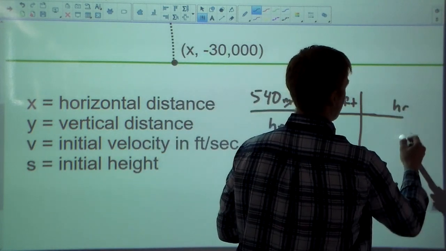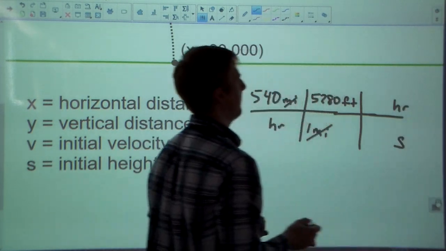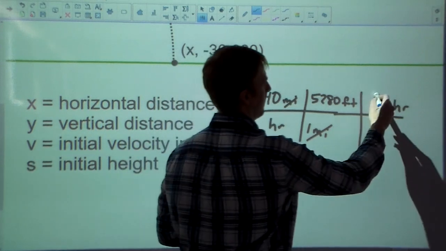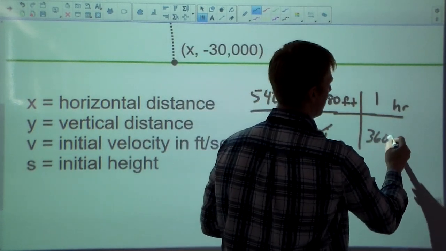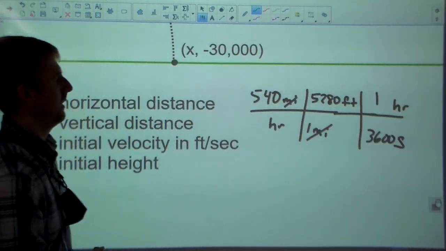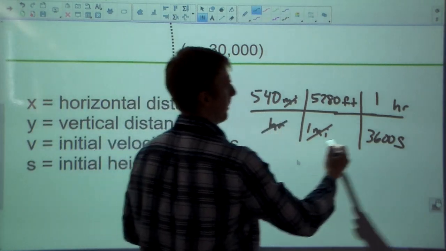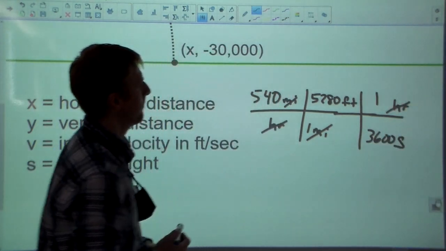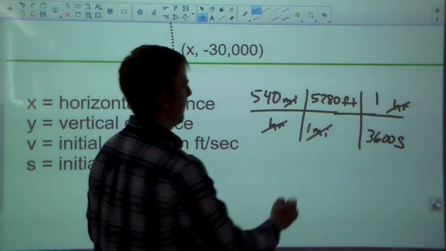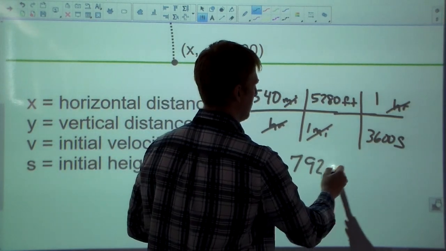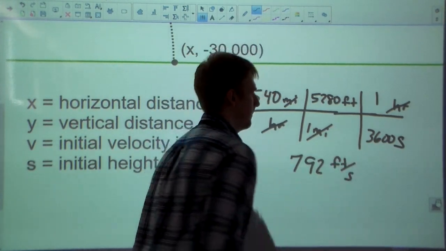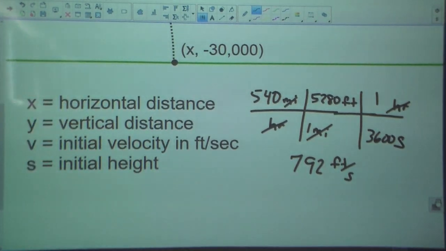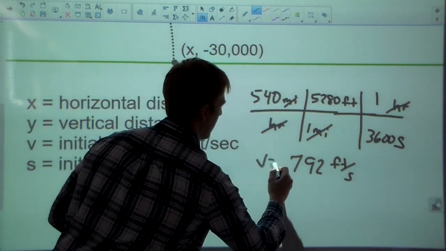So instead of hours on top, seconds on the bottom, 1 hour is 3,600 seconds. If you need to go minutes first, then seconds, you can. I like to just jump straight to seconds, but that works. And if you work all this out, you're going to end up with 792 feet per second. So we've got a velocity, that's our V.